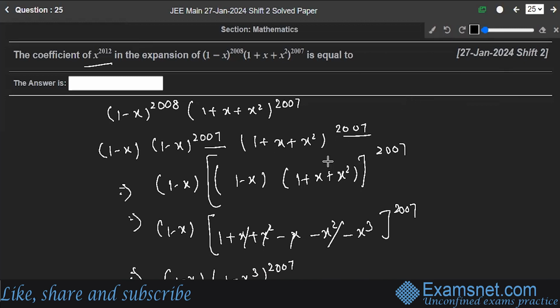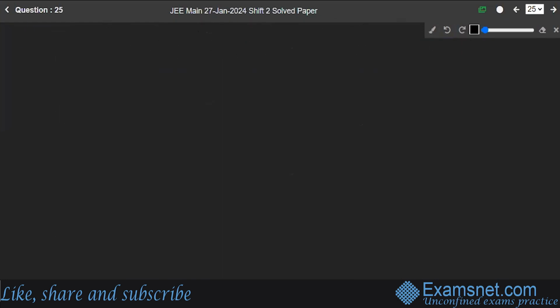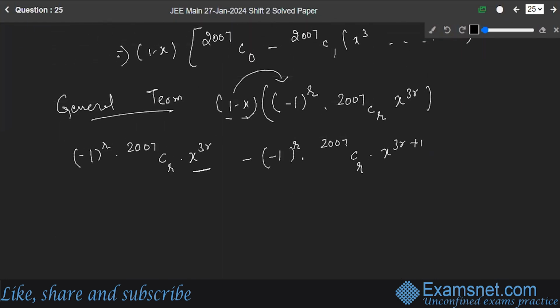Here either this may be or this may be equal to 2012. So either 3r is equal to 2012 or 3r plus 1 is equal to 2012.